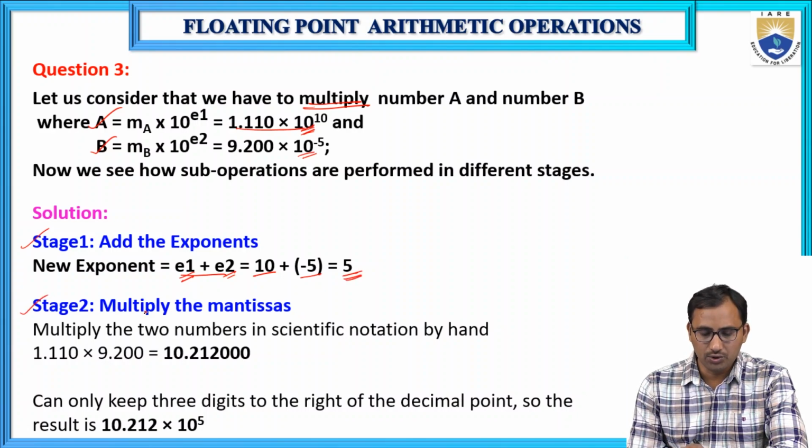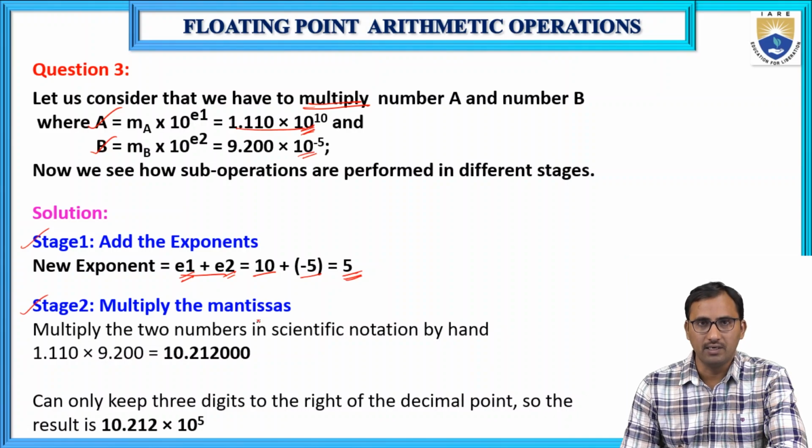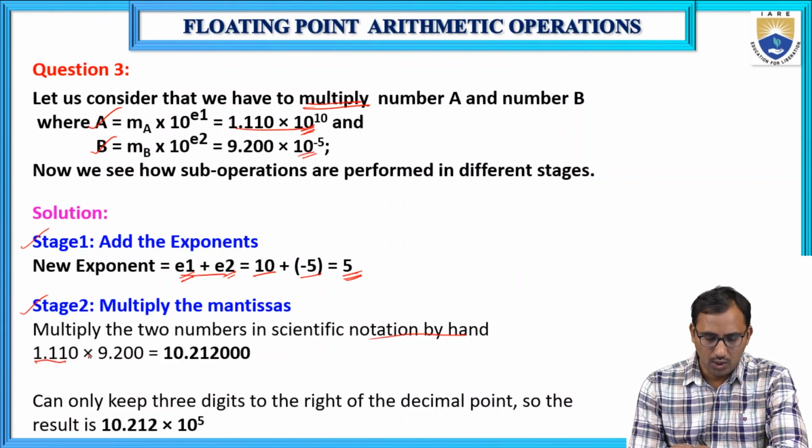And during stage 2, multiply the mantissas. We need to multiply the mantissas in scientific notation by hand. So how do we perform a general multiplication? In that way, we multiply these two numbers, 1.110 into 9.200.